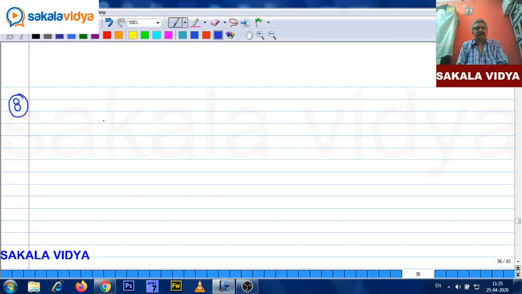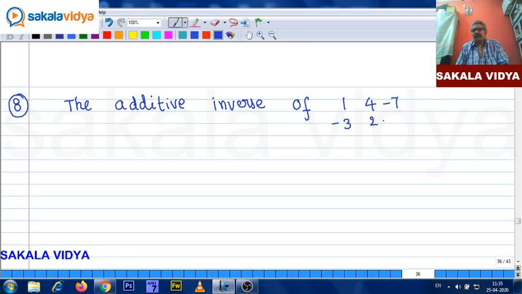Eighth question. The additive inverse of 1 4 minus 7, minus 3 2 5, 2 3 minus 1 is.